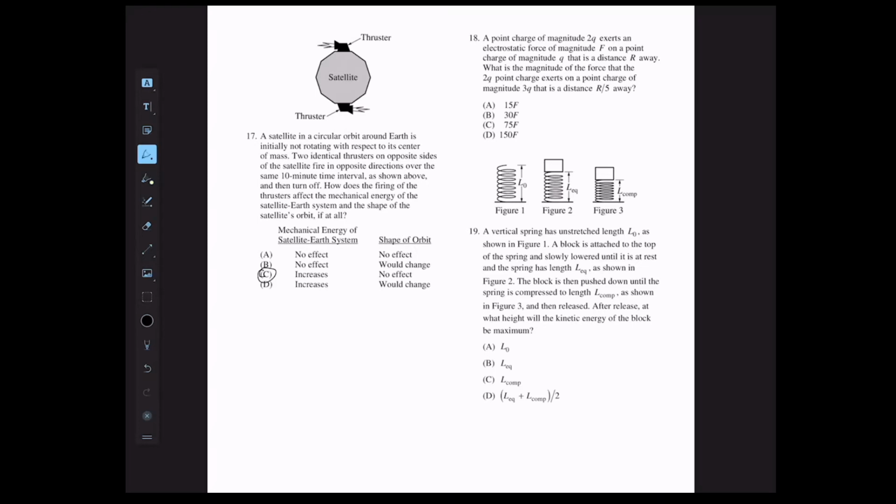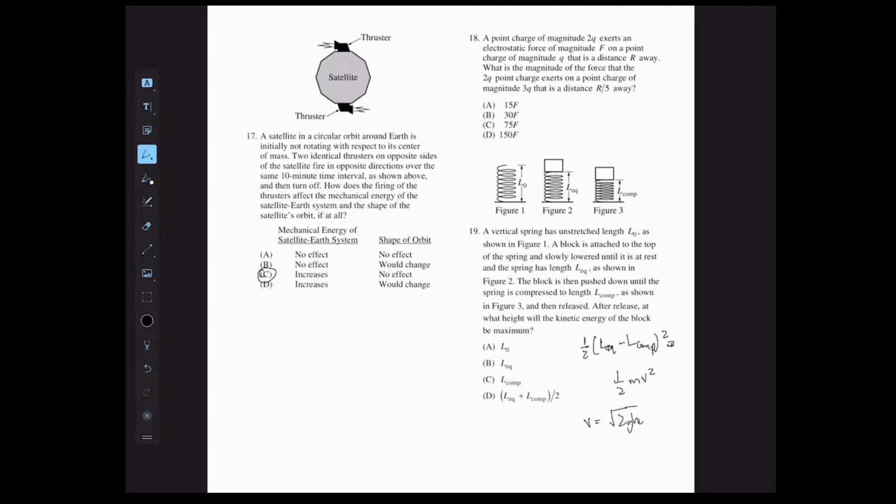After release, at what height will the kinetic energy of the block be maximum? So it's compressed, 1/2 k (L_eq minus L_comp) squared equals 1/2 m v squared. And v equals square root of 2gh.